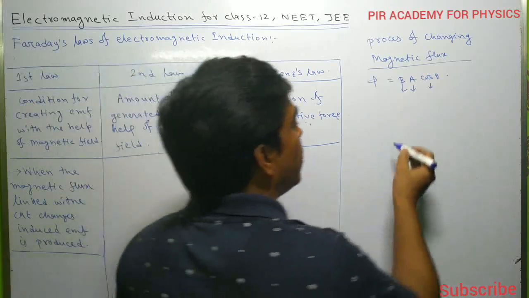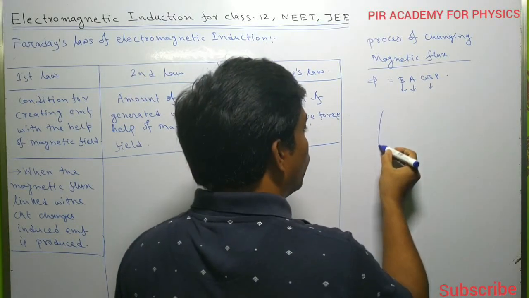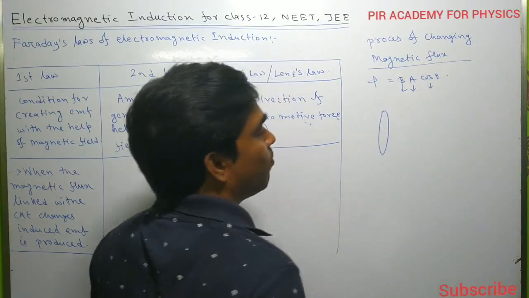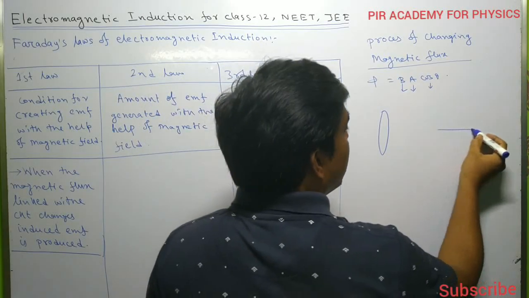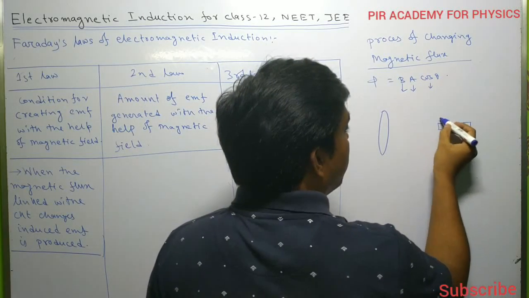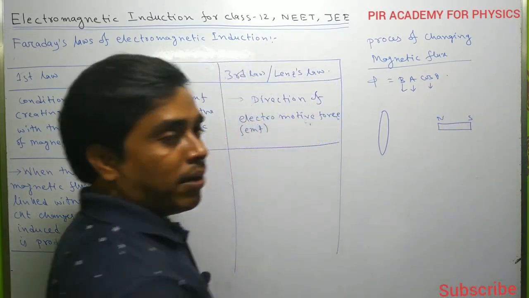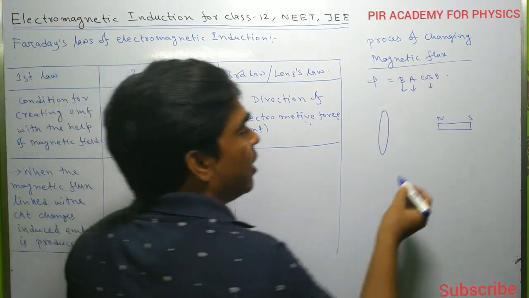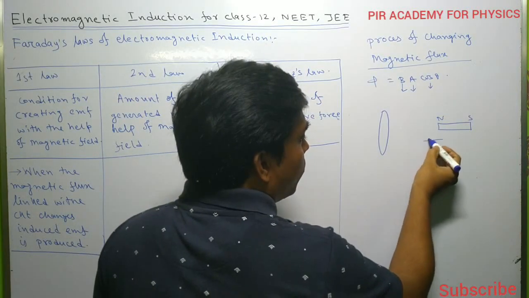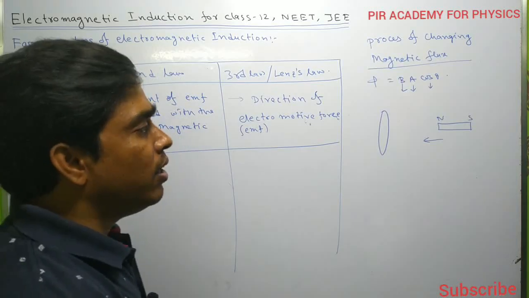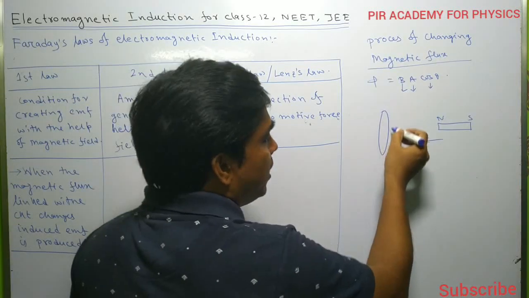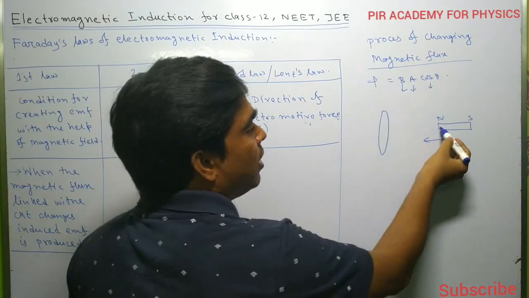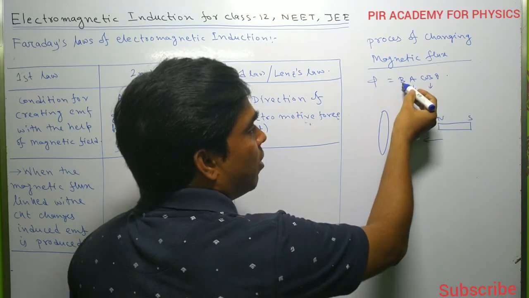Suppose this is a loop, and this is a bar magnet. If this bar magnet moves along this direction, then there will be a change in magnetic flux because there is a change in magnetic field.